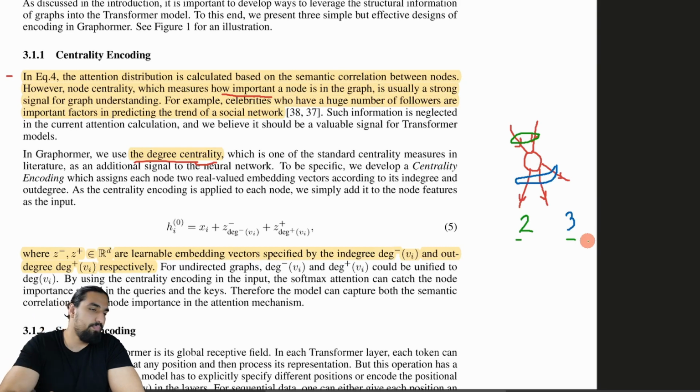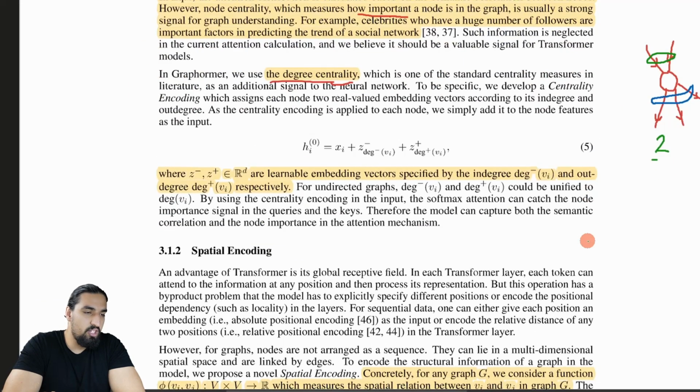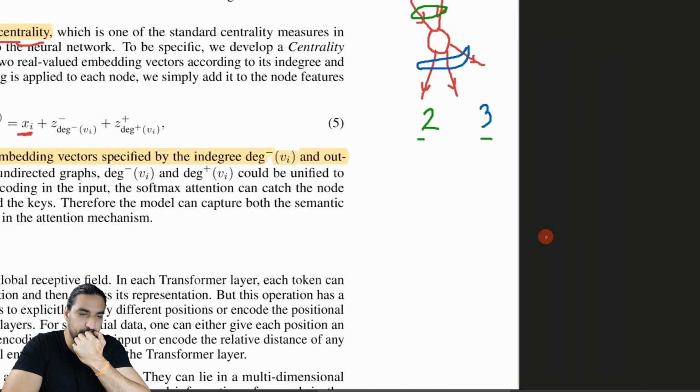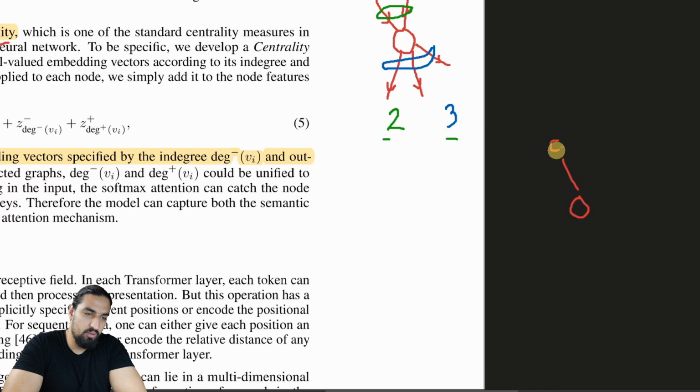And how they include that information into this Graphormer is the following. As you can see, this is the original feature vector in your graph. Let me try and draw this. Again, you have a small graph here, and it's connected with some other nodes. What happens is the following.